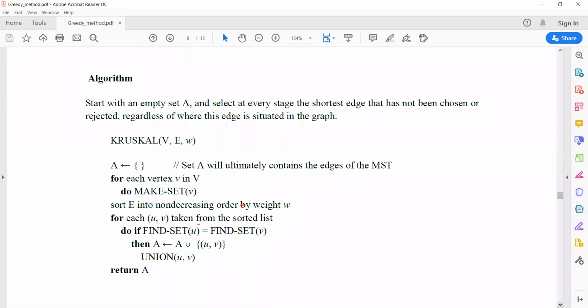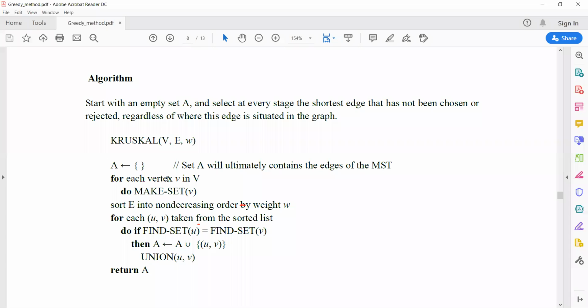Initially, A is empty. So what are the edges you are going to include in that? Initially A is empty, and that will be the ultimate solution, the edges of the MST.